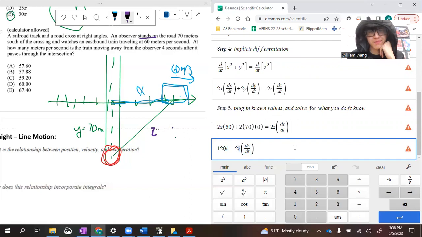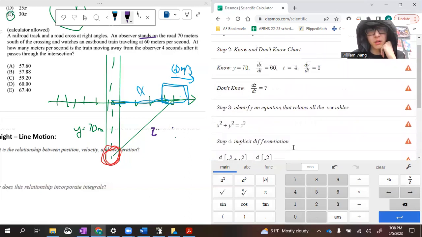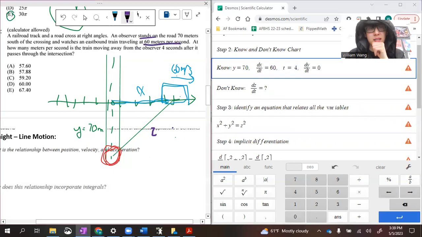Let's think about this. It's kind of tough. Well, what else have I not used? I know my t is equal to 4. I have not used that. If my train is traveling at 60 meters per second, and I've traveled for 4 seconds, that means the side length x is going to be 60 times 4.